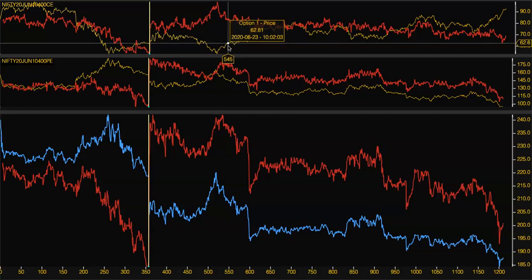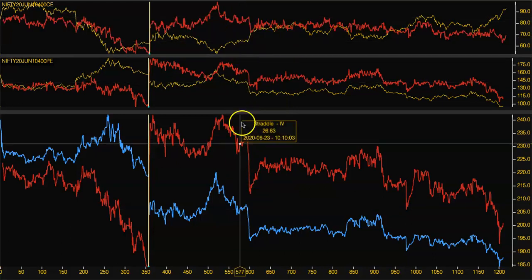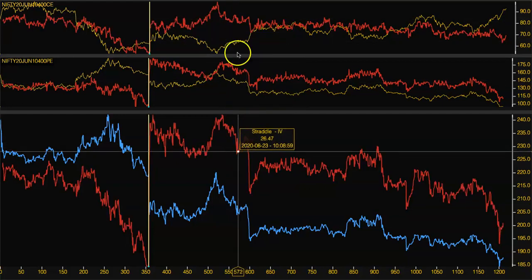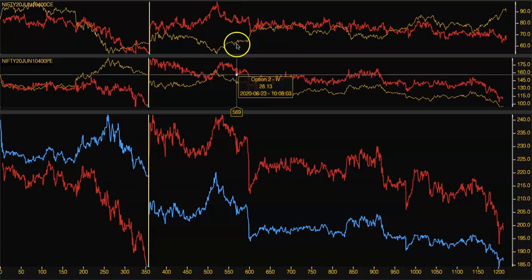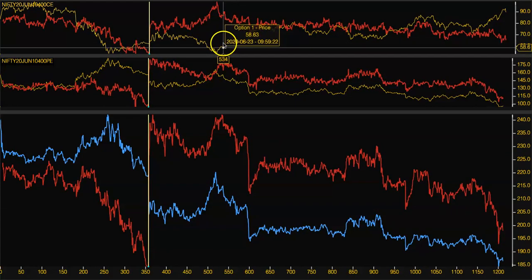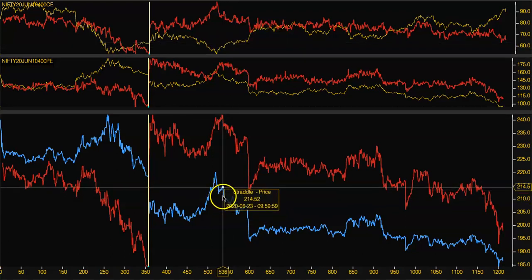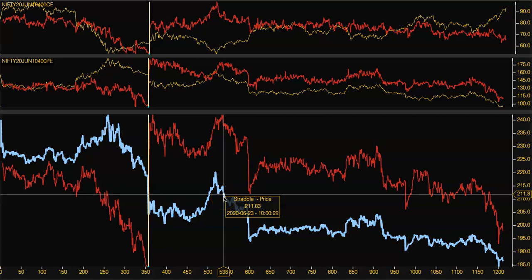The option price at around 10 o'clock is 62 rupees, and here at 10 o'clock it is 145 rupees. This bottom part is the combination of both the call IV and put IV, and the blue color is the addition of the prices of both the call and put options. At around 10 o'clock the combination price is 211 rupees.